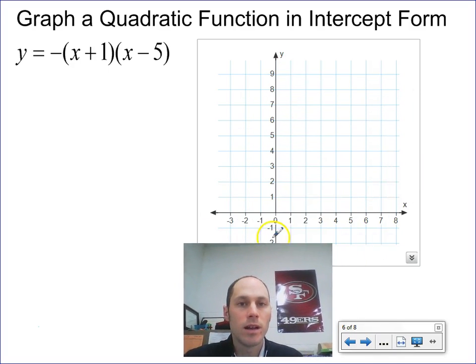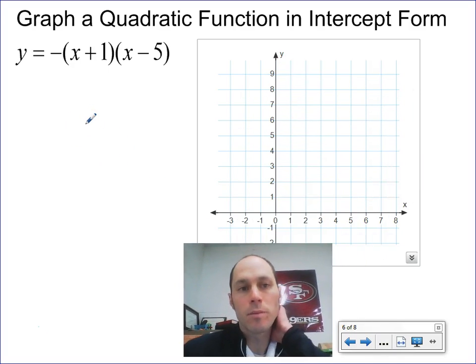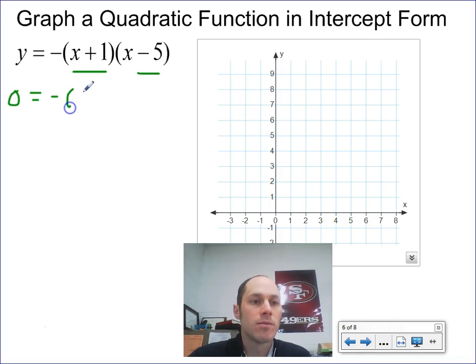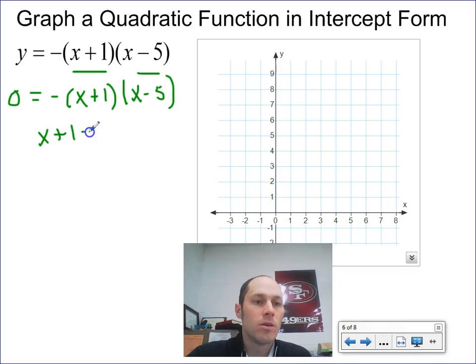So let's start off with this one. If I'm going to graph this one in intercept form, I see it's factored. So I want to know, when y equals 0, what are my x values going to be? Well, in this case, I would say x plus 1 would equal 0, or x minus 5 equals 0.